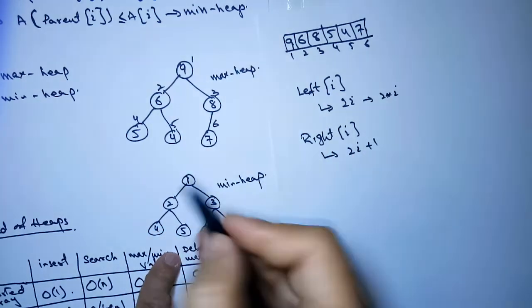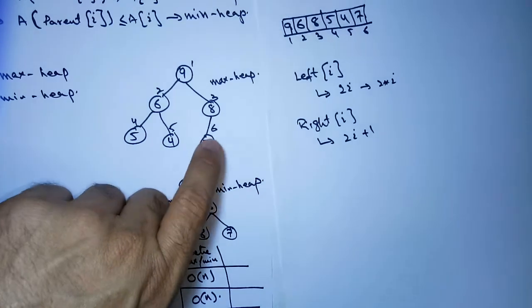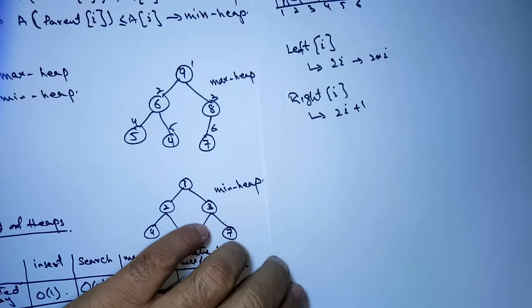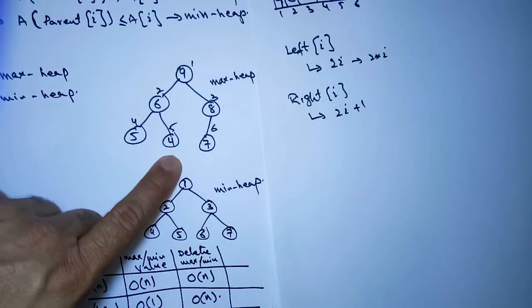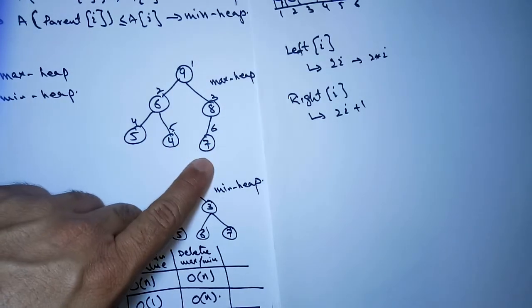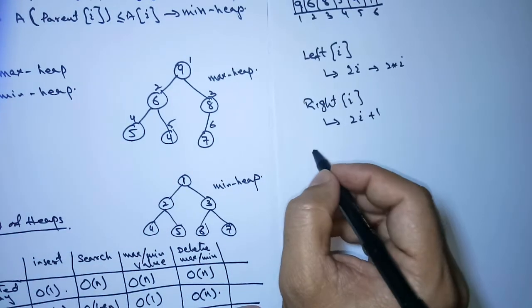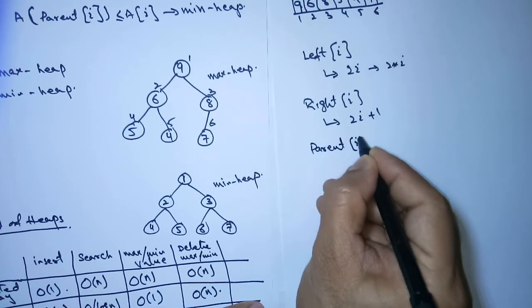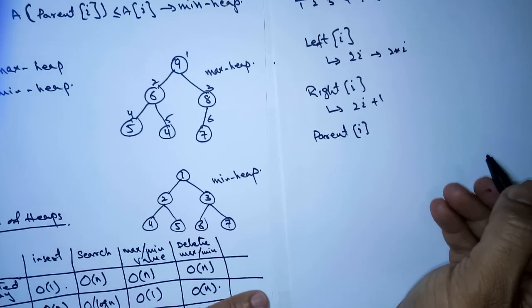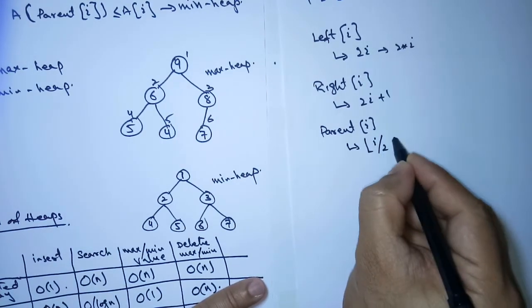You can draw it and see the right child of index 6 will be 13, right? And similarly, if I am interested to find the parent of some node, say the parent of 5, 6, or 4, that you can also find. The parent of some node i is nothing but i divided by 2 with a floor function, right?